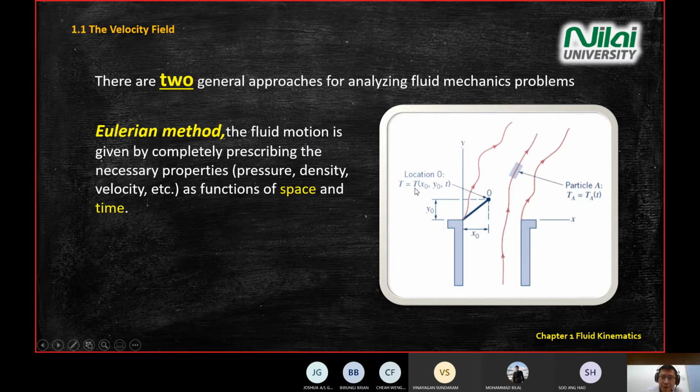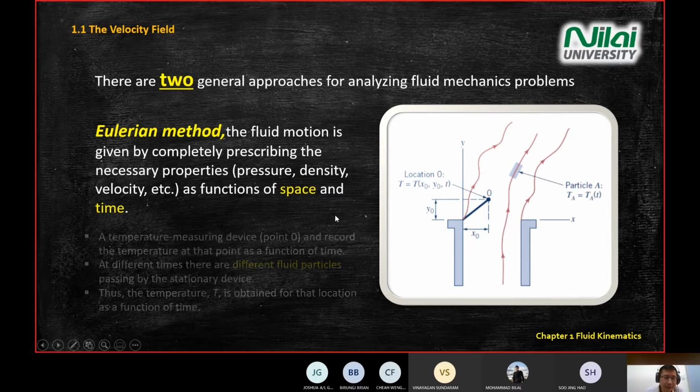So when we write the equation, we have x, y, z, and t. We just stand there. In the Eulerian method, you have a probe, a sensor there, to measure the velocity of the smoke particle, for example.